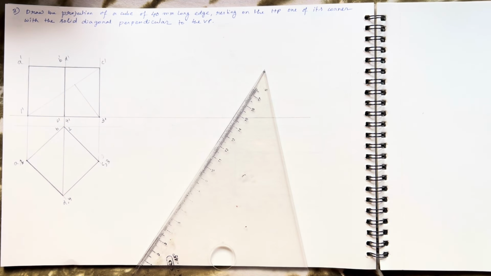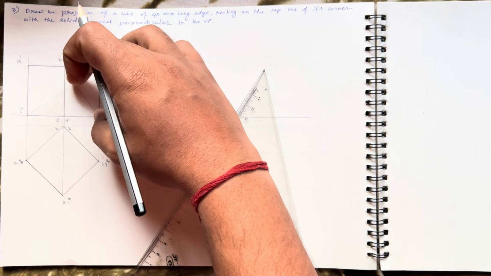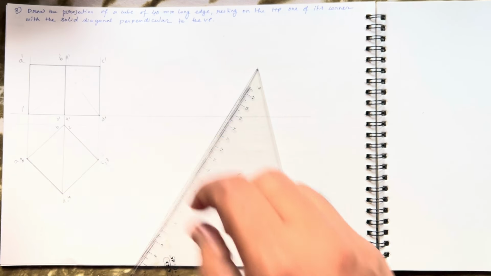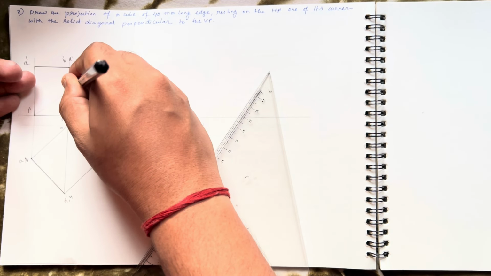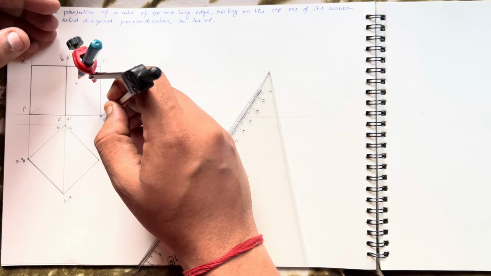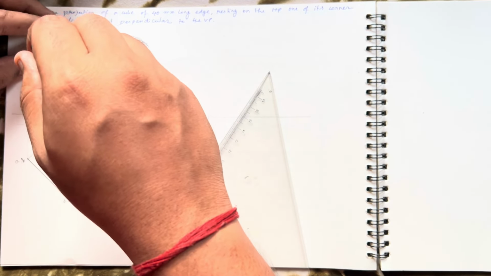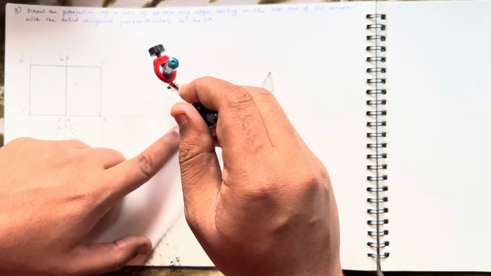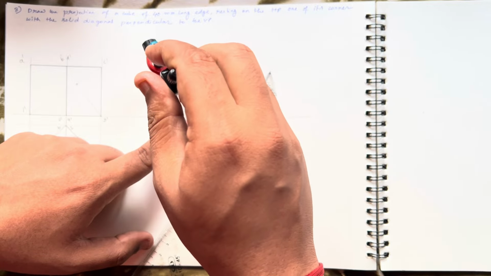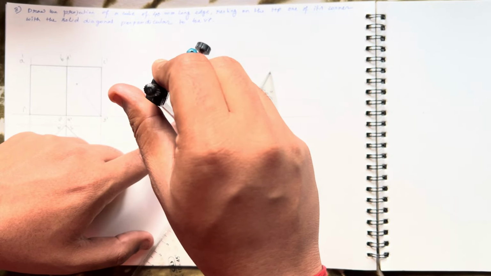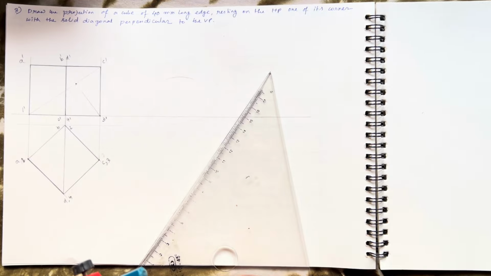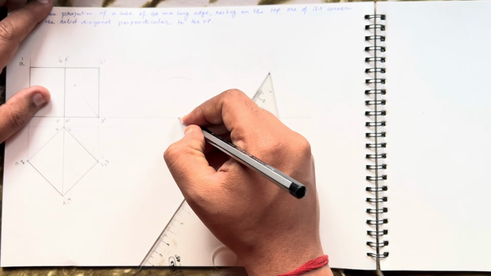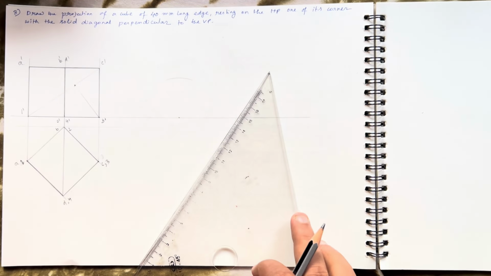For that we measure from this point and make an arc, and draw a perpendicular line to this.